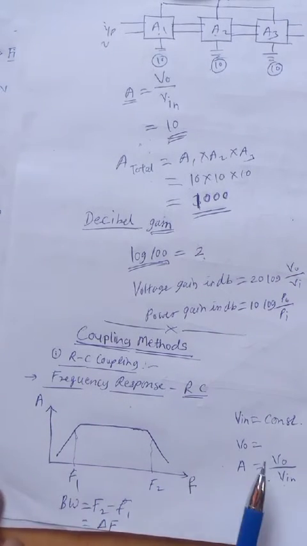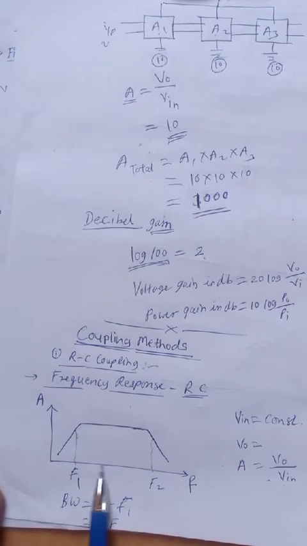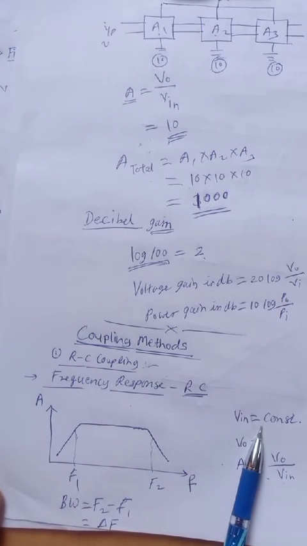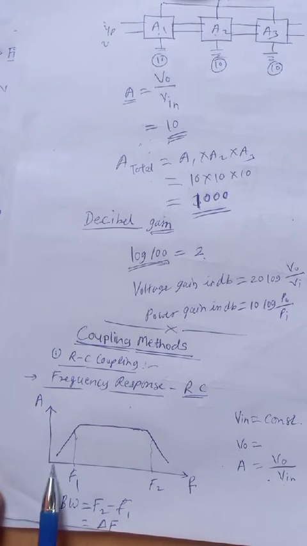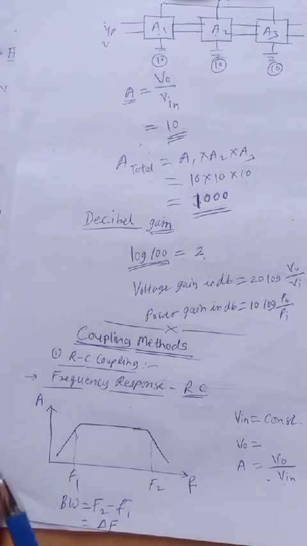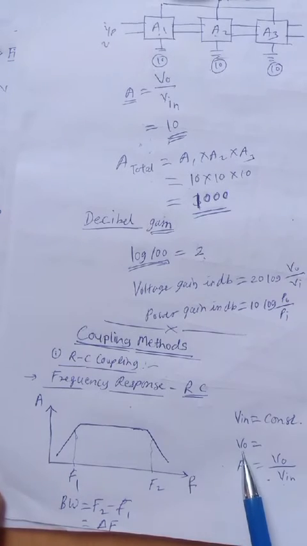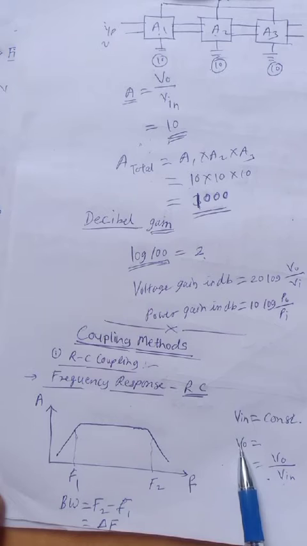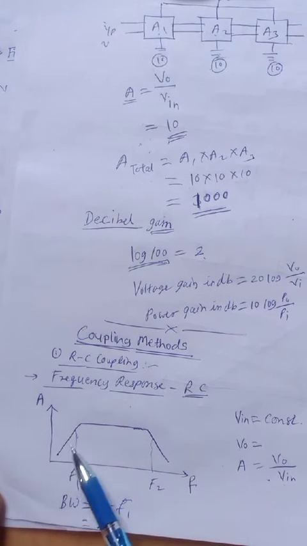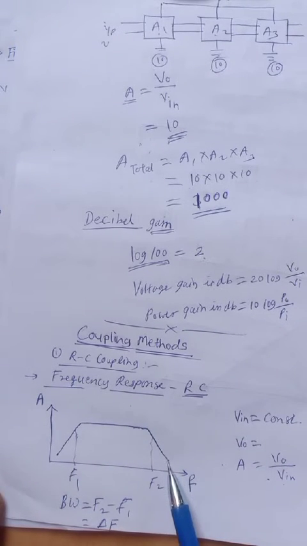Then gain is the output voltage divided by the input voltage. Since the input is fixed, the output voltage changes. Initially it increases, then becomes constant, and then decreases.